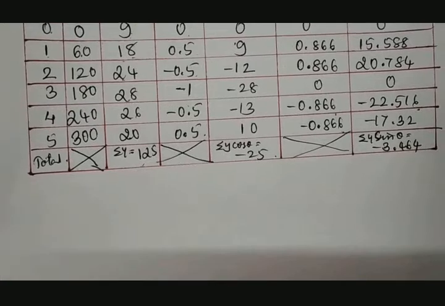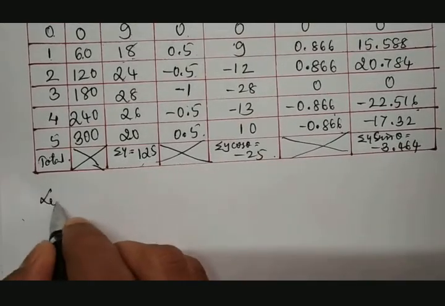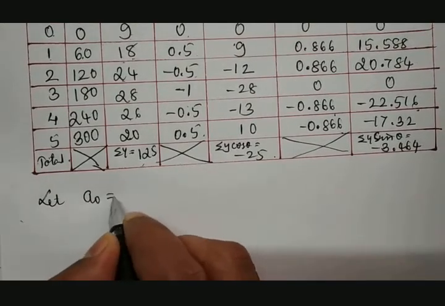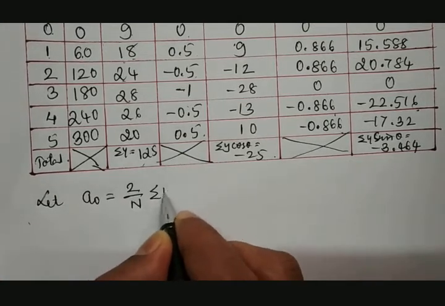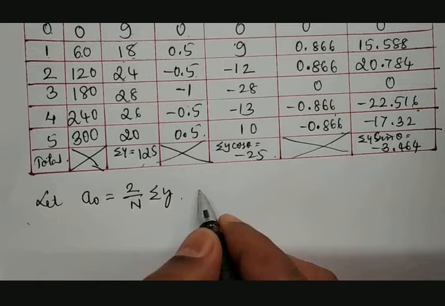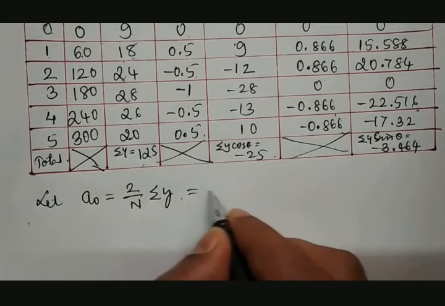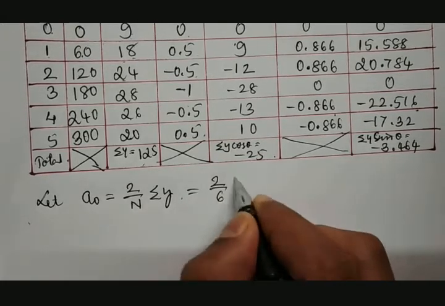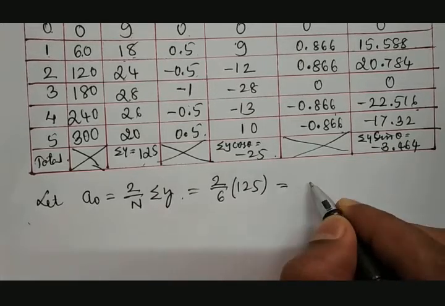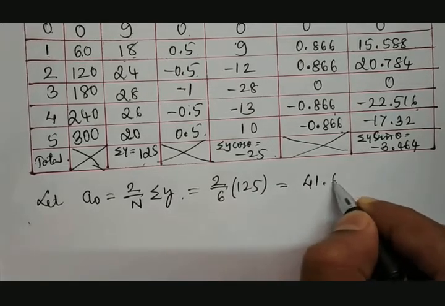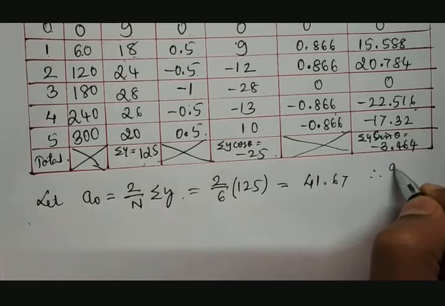Okay. Therefore, what is to be calculated? A naught. What is a naught? 2 divided by n into summation of y, where n is equal to 6. So 2 divided by 6 into 125, that is 41.67.